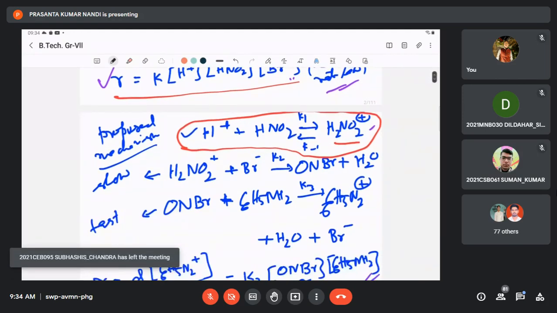The last step is that ONBr, the intermediate produced here, reacts with the aniline molecule, with rate constant k3, producing C6H5N2+.